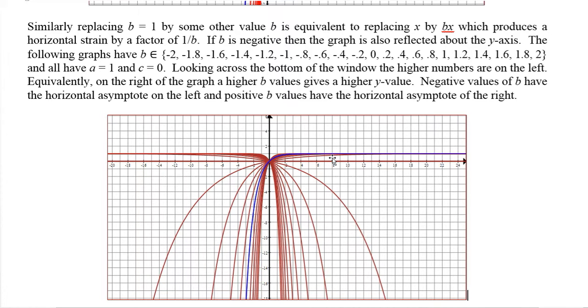And then with the positive ones, still working my way from right to left, 0.2, 0.4, 0.6, 0.8, and then 1, 1.2, 1.4, 1.6, 1.8, and then 2.